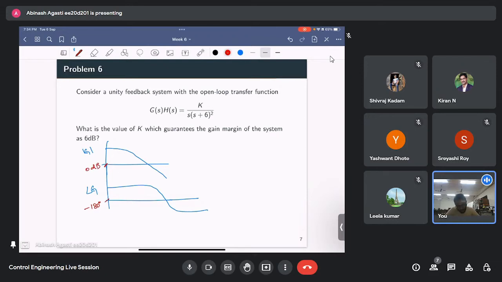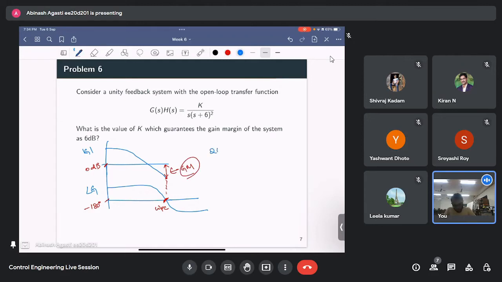So the gain margin is, take the frequency at which phase crosses 180 degree, this phase crossover frequency, find the magnitude in the Bode plot at the phase crossover frequency, whatever is the magnitude from 0 dB, that is the gain margin.